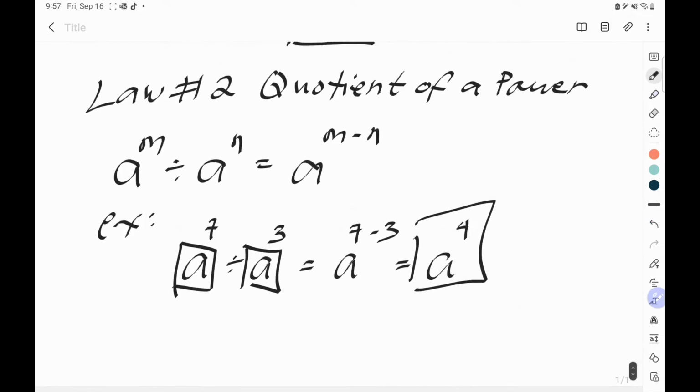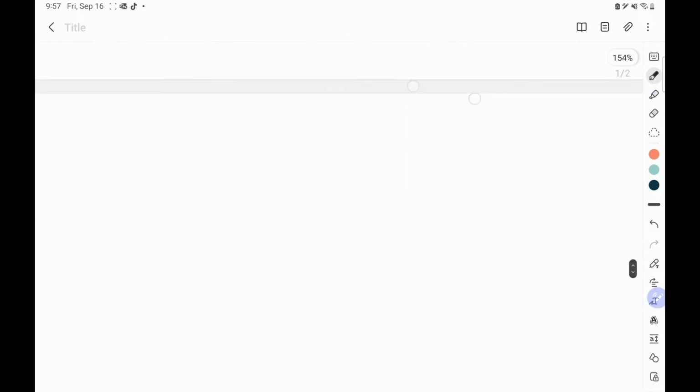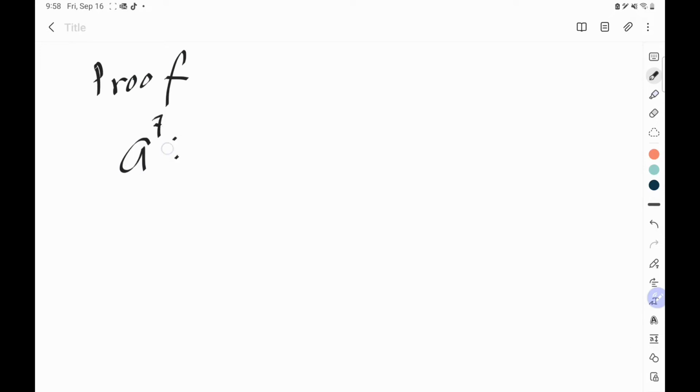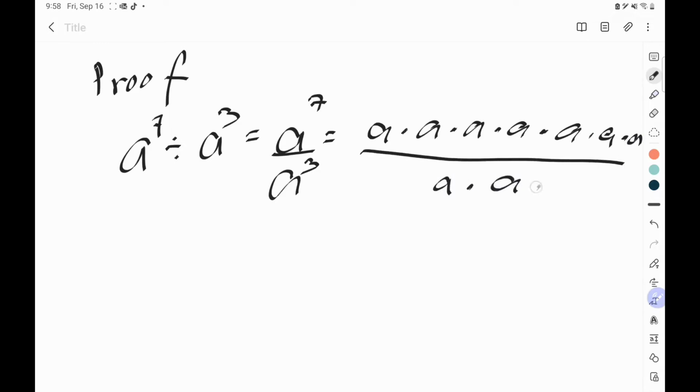Now let's prove whether that particular law is correct. Okay. So our proof here is a to the power of 7 divided by a to the power of 3, which is also the same as a to the power of 7 over a to the power of 3. So we have our a to the power of 7, which is a times a times a times a times a times a times a, 1, 2, 3, 4, 5, 6, 7 times, divided by a times a times a.